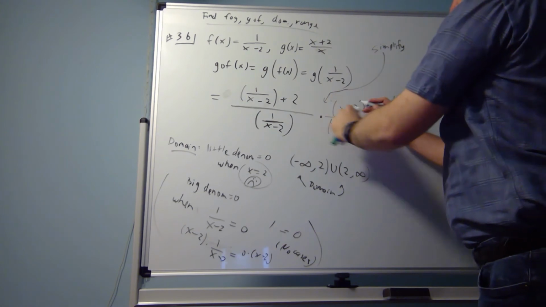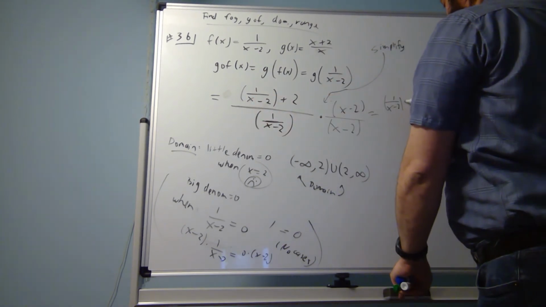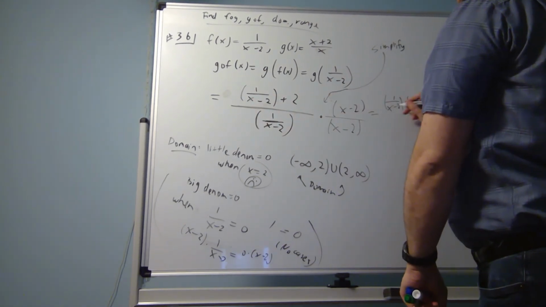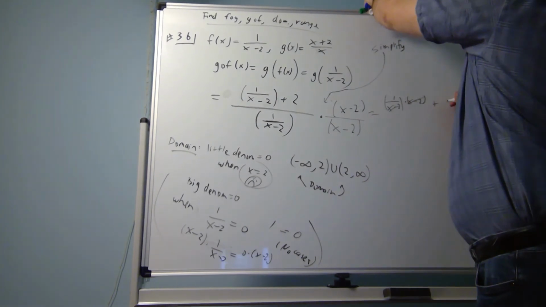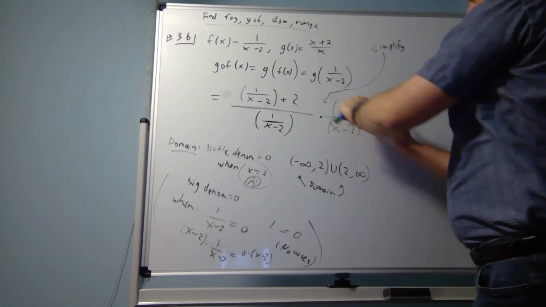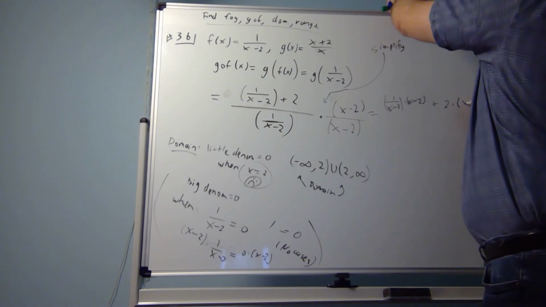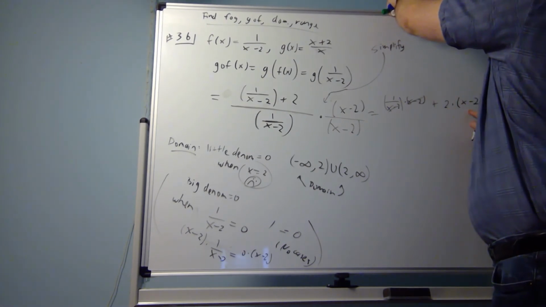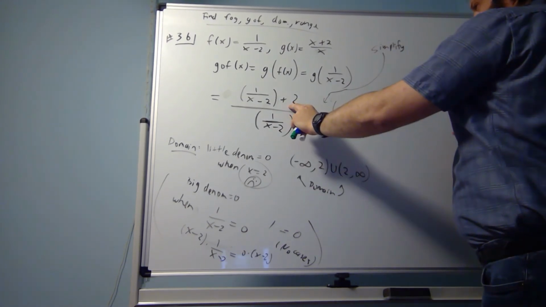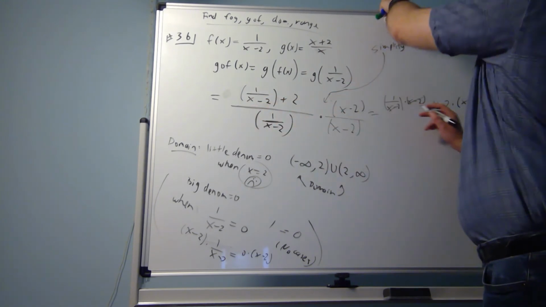So we have a thing times 1 over x minus 2 plus, so we distribute, the same thing times the other term, which is 2. So x minus 2 times 2, and then x minus 2 times 1 over x minus 2.